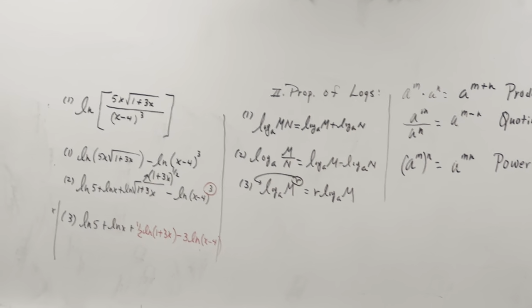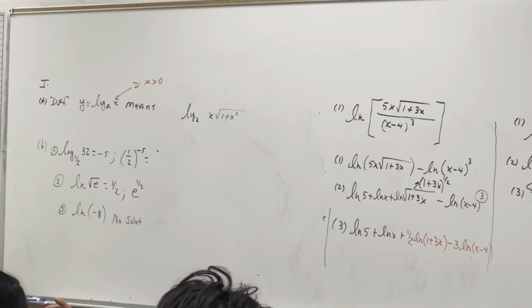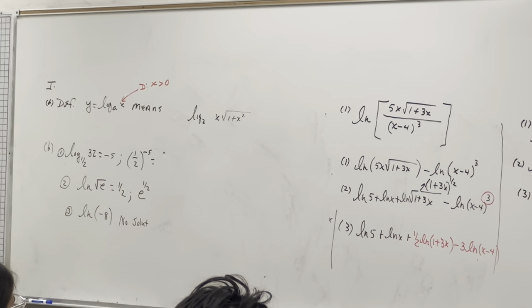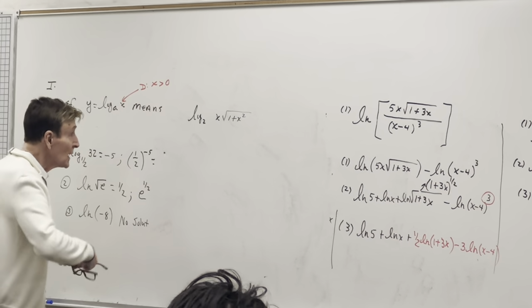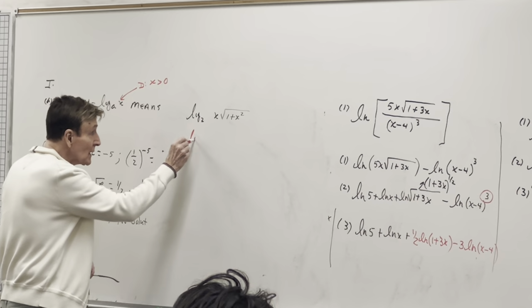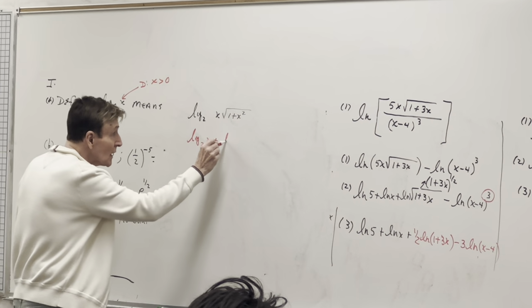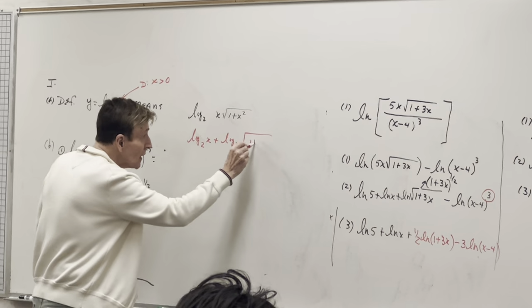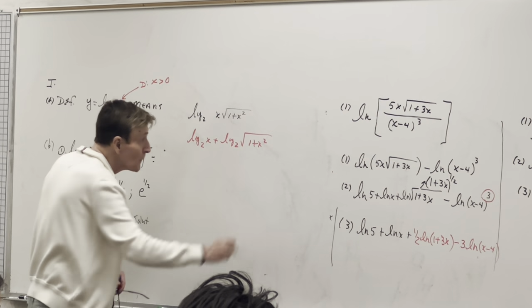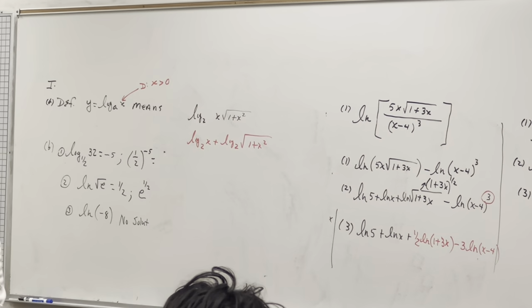Guys, of the 3 properties over there, I would think it's the product property. So if I use the product property, split it up, and get ready for calculus, can I write this as log base 2 of x plus log base 2 of the square root? Am I finished?